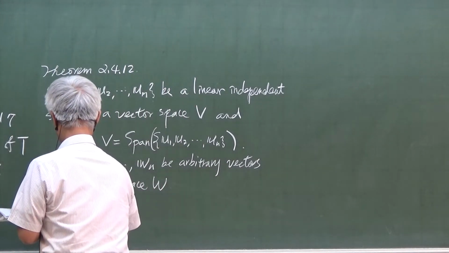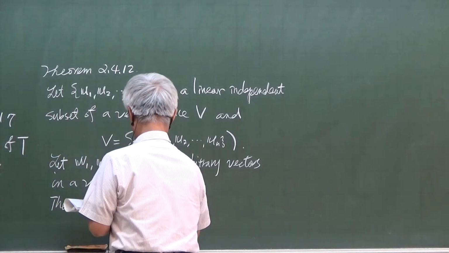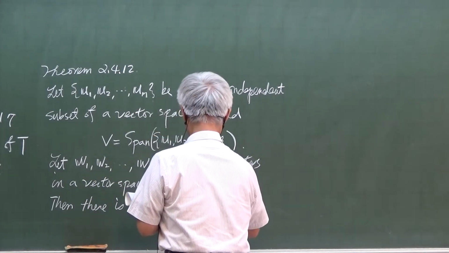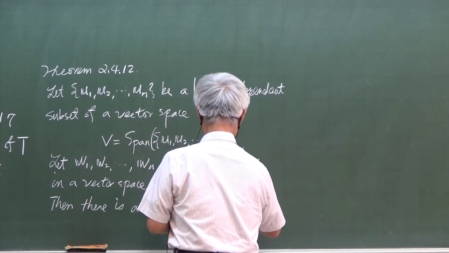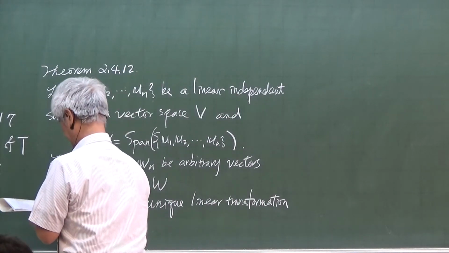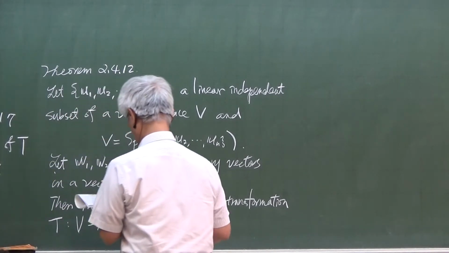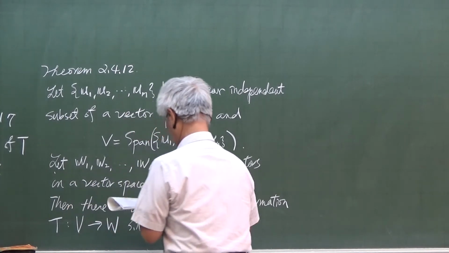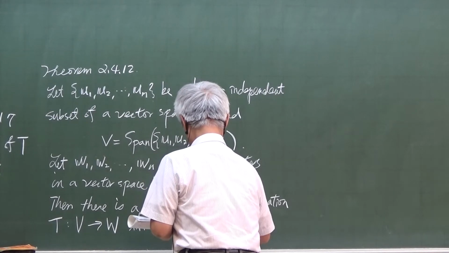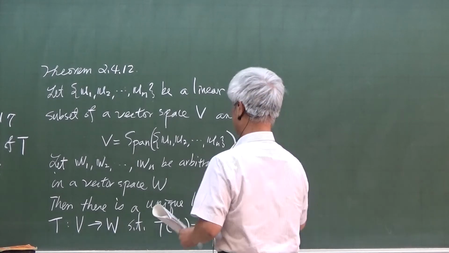Okay, then the conclusion is that there is a unique linear transformation T from V to W, okay, such that T Ui equals Wi for all i in 1 to n.